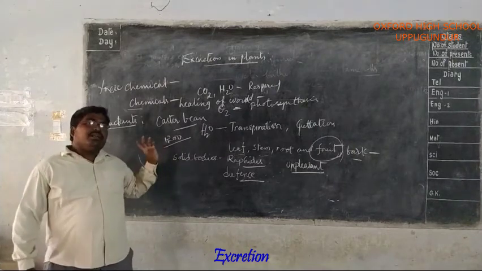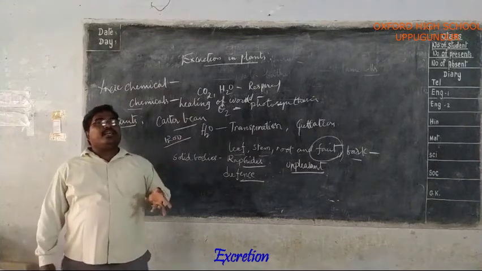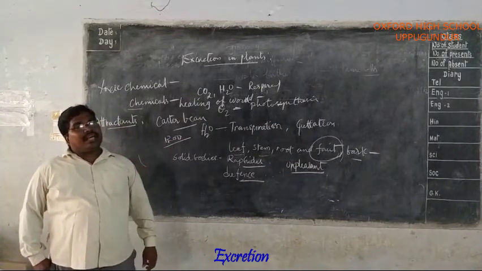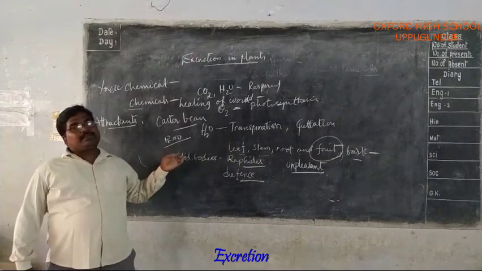Because of that, there are root nodules in peas and beans, the leguminous plants. Leguminous plants live in a symbiotic relation with rhizobium bacteria. So these are the different types of secretions.